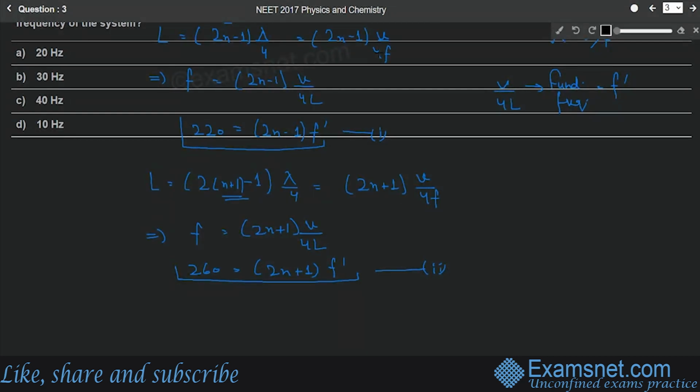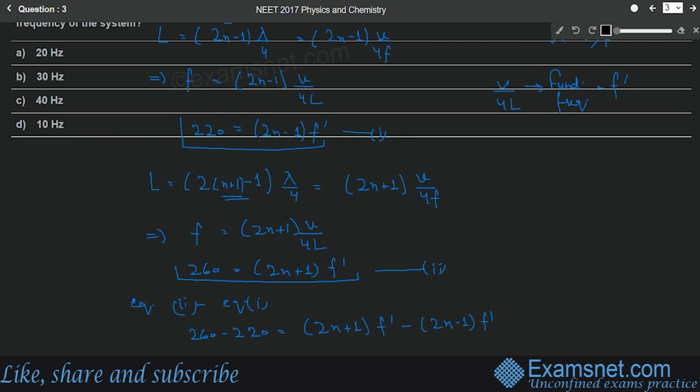So on subtracting equation 1 from equation 2, we get 260 minus 220 equal to (2n plus 1) f dash minus (2n minus 1) f dash.